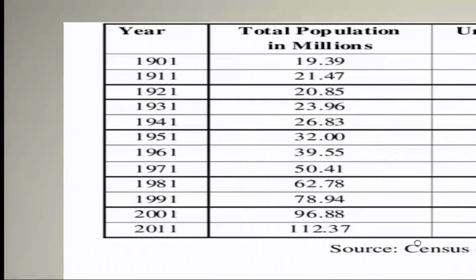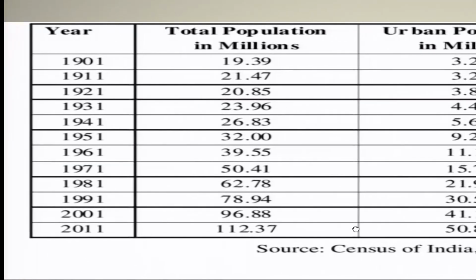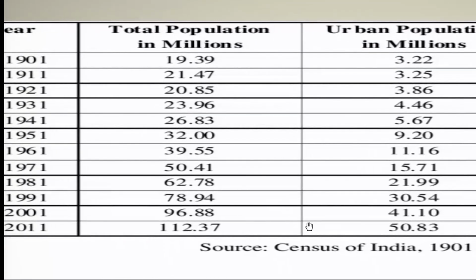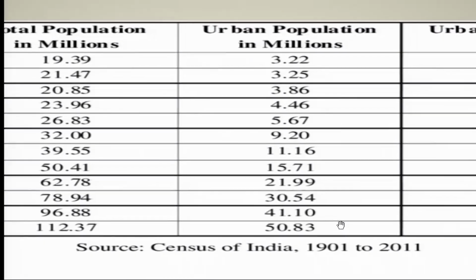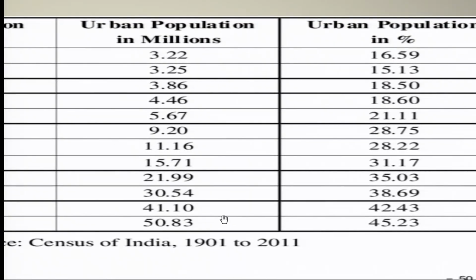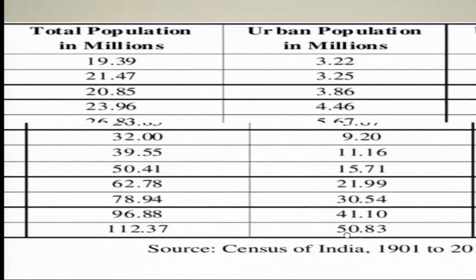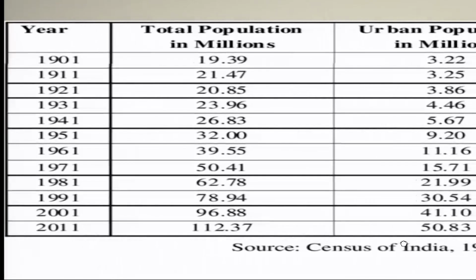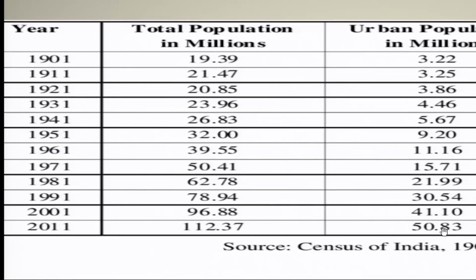Then if you take the next year, in the year 1931, I'm just giving a forecast of what is going to happen in the future years. In 1931, the total population is going to be 23.96 and the urban population in millions is going to be 4.46, and the urban population percentage will be 18.60. Isn't it shocking to note how the urban population increases year-wise every 10 years?